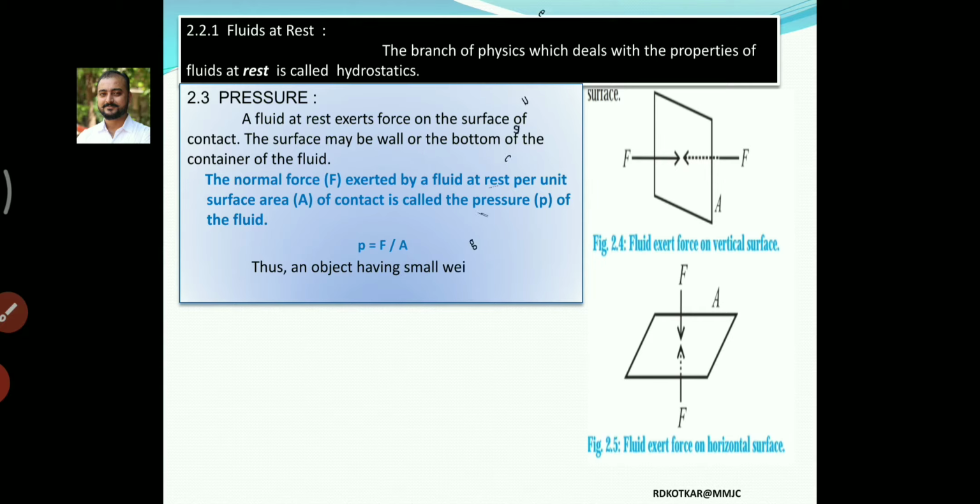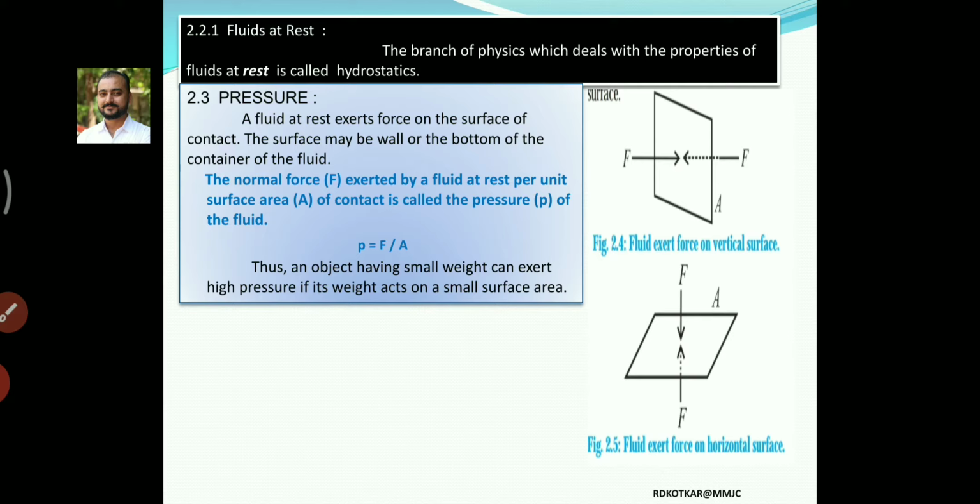So here we can say, an object having a small weight can exert a high pressure if its weight acts on a small surface area. For this, remember the statement: if a small weight acts on an object, it will show high pressure.